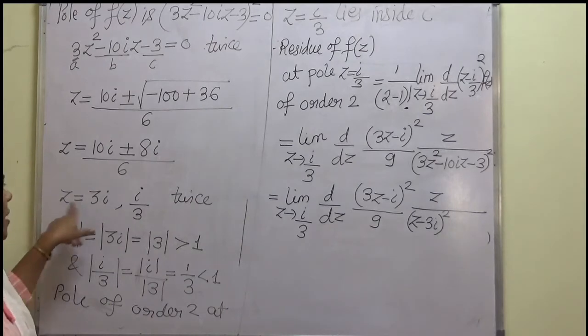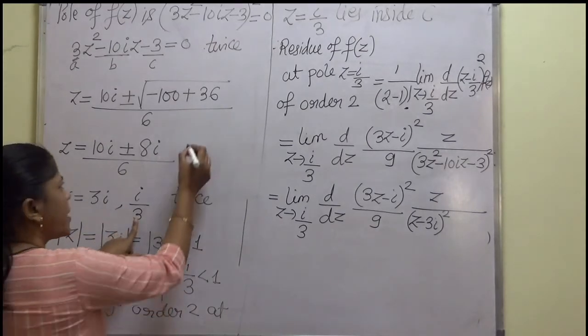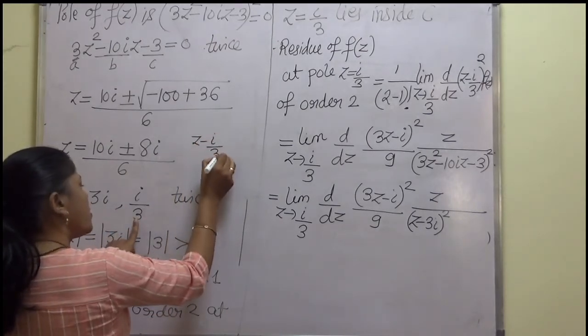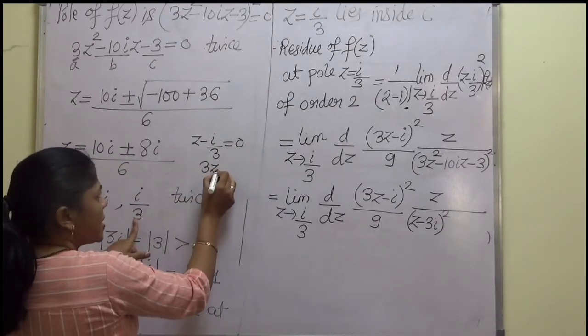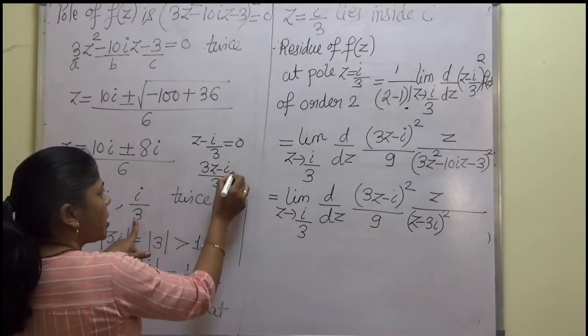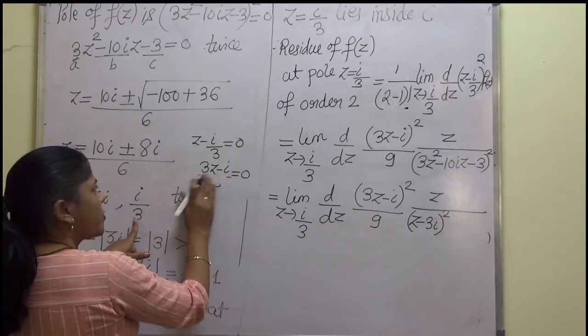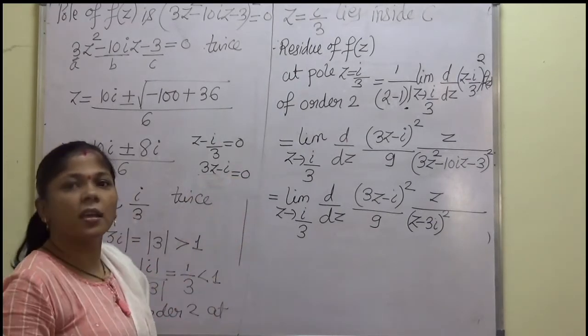Then z minus i by 3 equal to 0 is the second factor, which we can write as (3z minus i) upon 3 equal to 0. So that gives 3z minus i equal to 0.